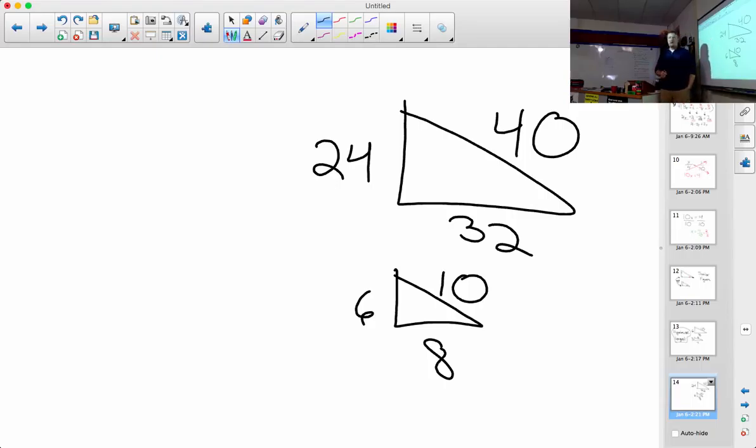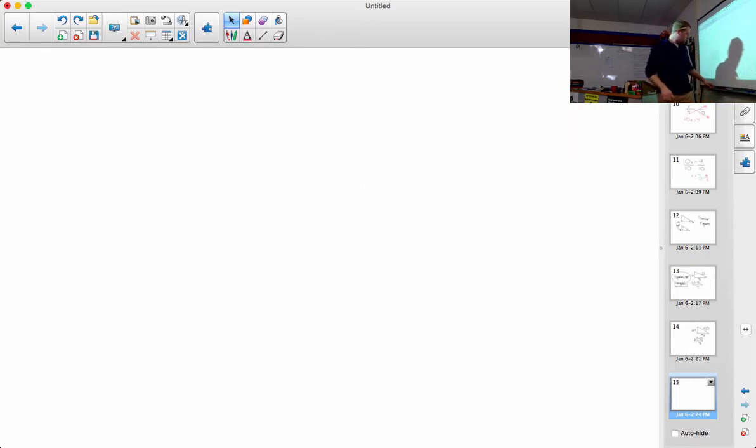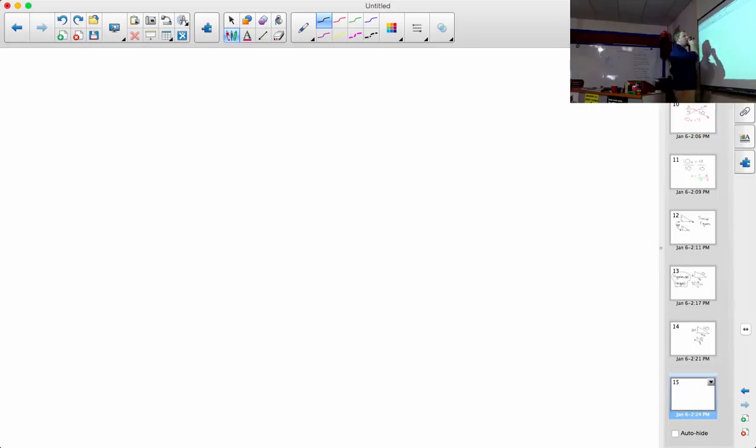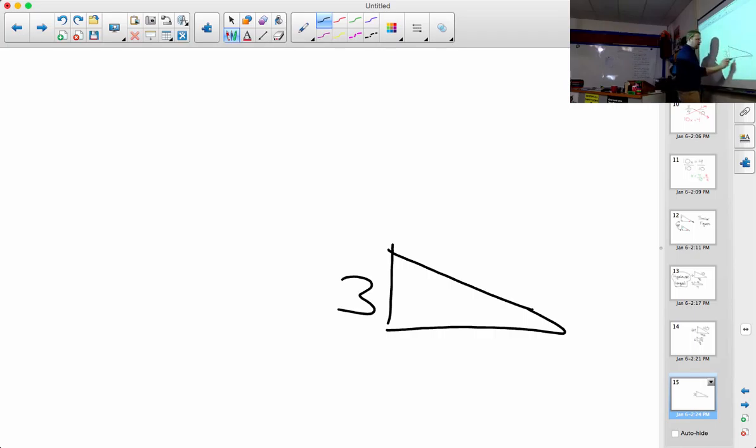Okay? This is how we use proportions. This is how we do it. Now, let me show you how you would set this up mathematically. Let's say that we only know the following information. We'll start with one of my favorites here, 3, 4, 5.